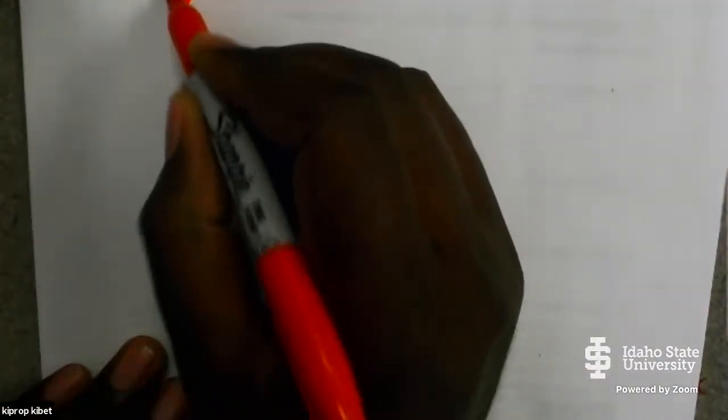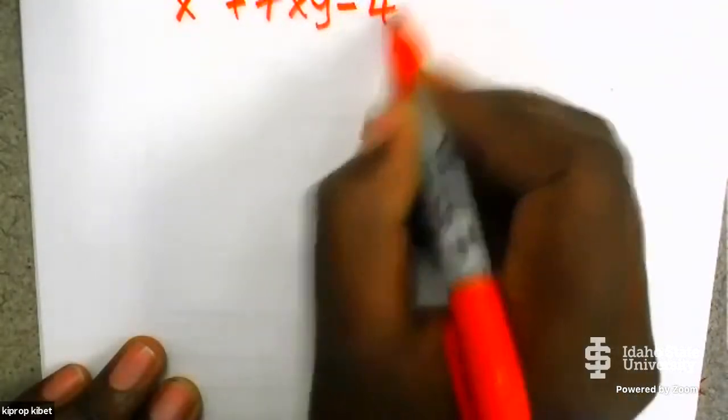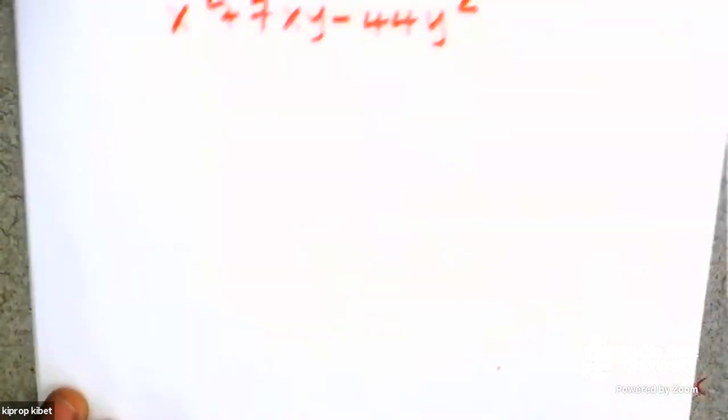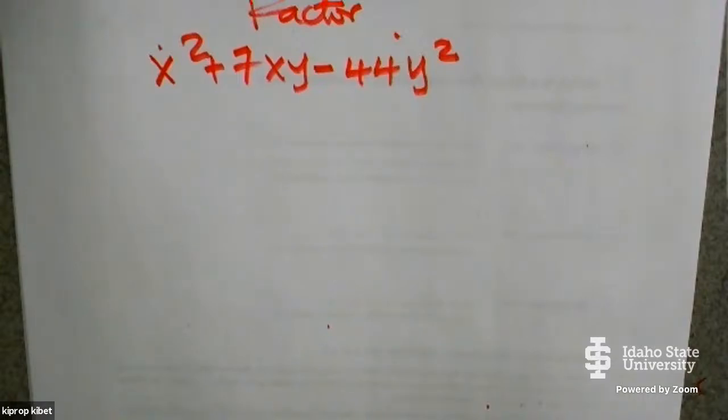Okay, can you try this? X squared plus 7xy minus 44y squared. Factor that.